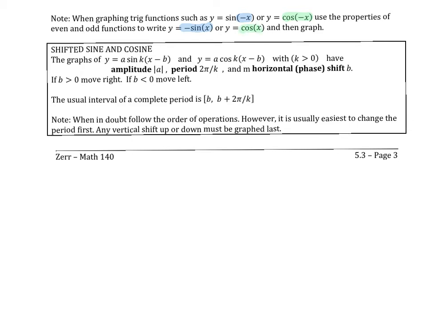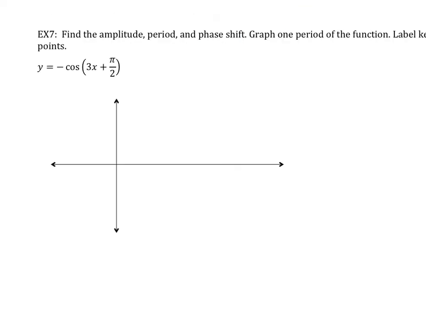So just rewrite those using the odd and even principles. And then here's, just so you've got this in your notes, the phase shift, that is whatever's being subtracted from B. Okay, so let's do a few more examples.